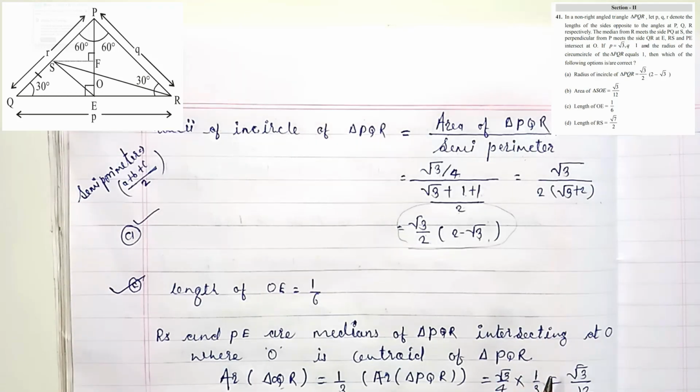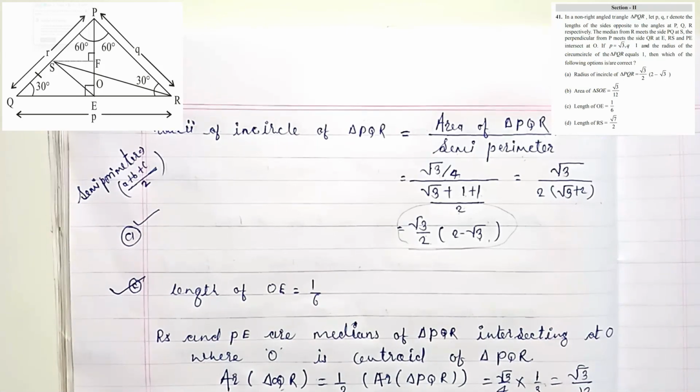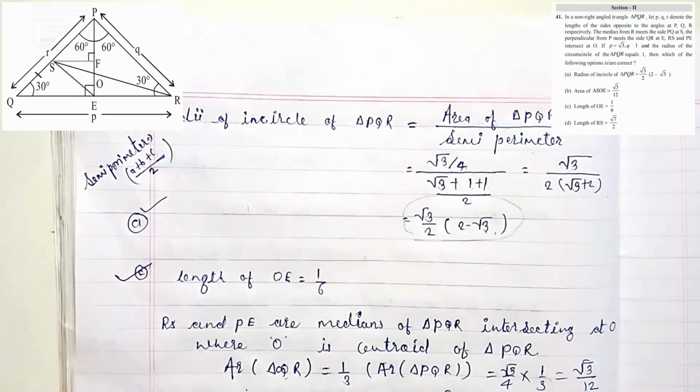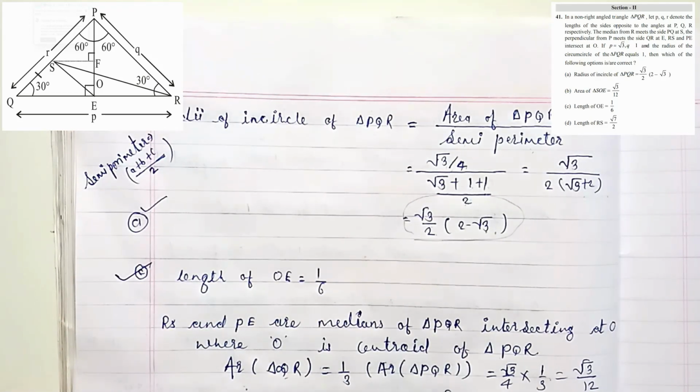Now we know that, as we can observe in our question, the area of triangle PQR can be written as 3 times the area of triangle OQR.